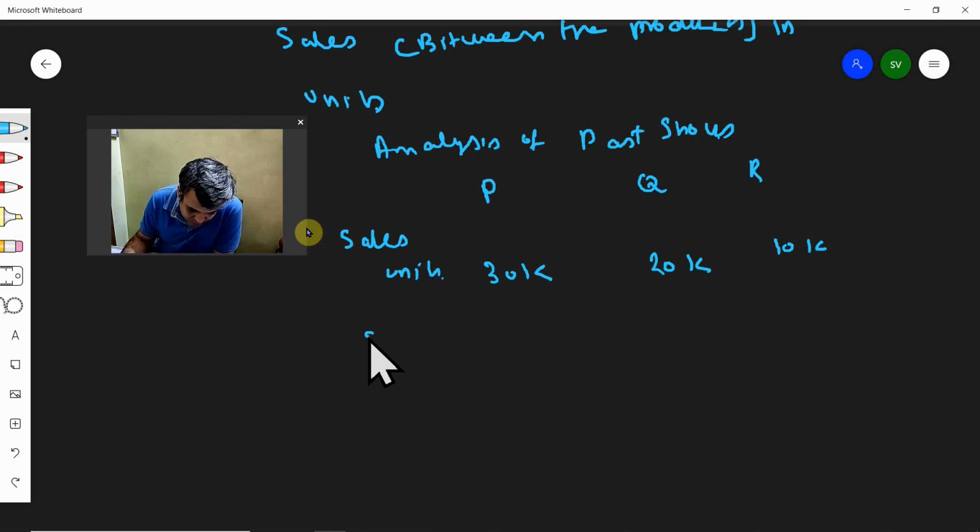Imagine the selling price is 10, 15, 20. These are all rupees per unit.